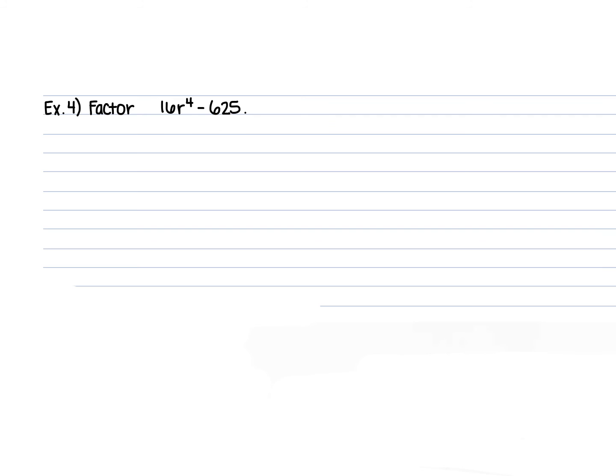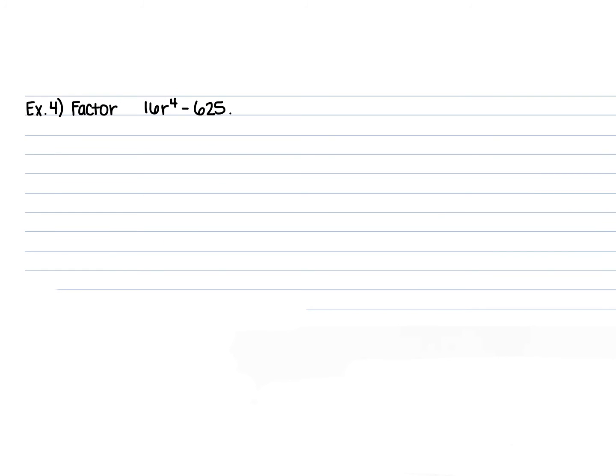Last part of your lesson, you're working with factoring a binomial where just factoring it once is not going to factor it completely. So if you look at example 4, we have 16r to the 4th power minus 625. If we find our A by taking the square root of 16r to the 4th power, that's 4r squared.